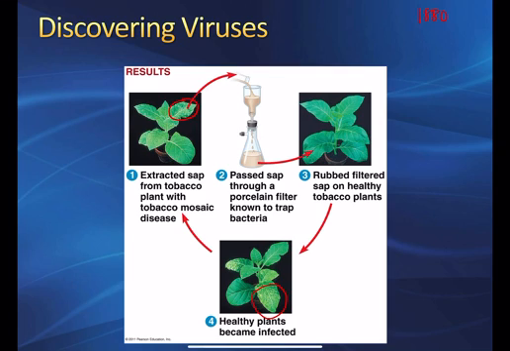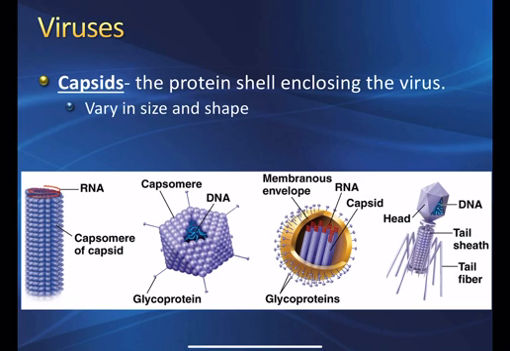Originally they thought, well, maybe this is just a smaller bacteria than we've ever seen. But eventually they realized, no, it's not. There are particles that are even smaller and simpler than bacteria. They're not grown on nutrient media, which we'll talk about on Monday when we grow some bacteria. And they named them a virus. And so that's how they first discovered viruses.